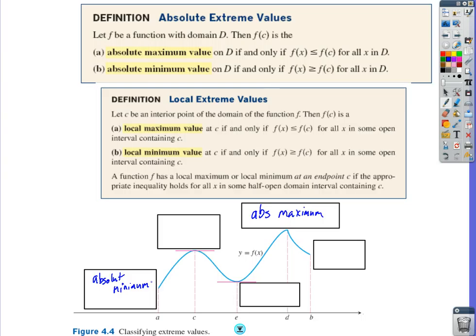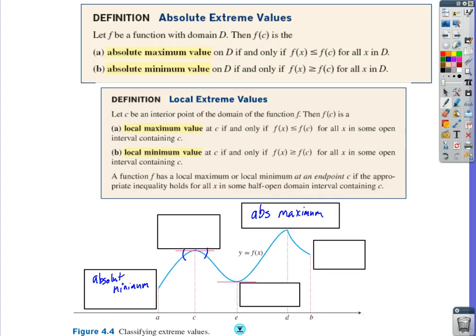Okay. But then we have these other ones which are called local maximums and local minimums. Those are places in the graph where I reach a peak or I reach a valley, and I have to start thinking about, okay, is it as high or is it low? So when I take a look here, I take a look at the neighborhood. I kind of cordon this off.